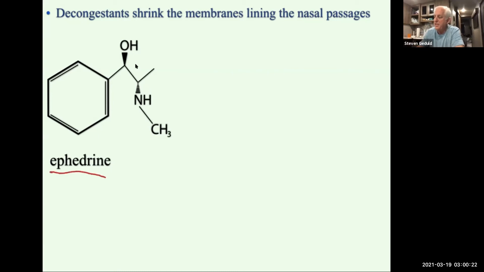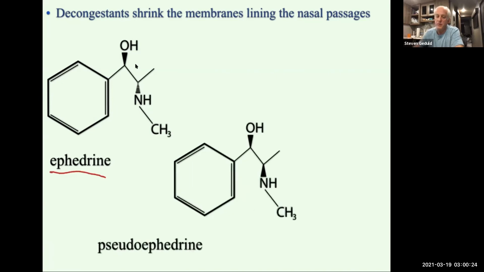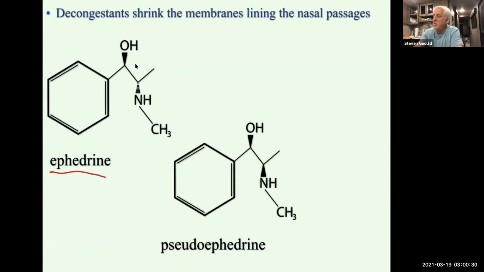This is pseudoephedrine. It's also used as a decongestant. You can see the differences. These arrows mean it's coming out, and these arrows mean it's going into the board, so it's like a three-dimensional picture. But this is a secondary amine, and this is a secondary amine. You can see very similar structures.